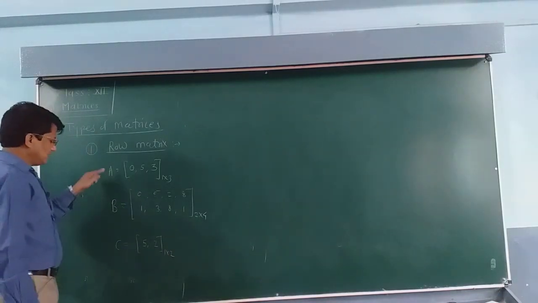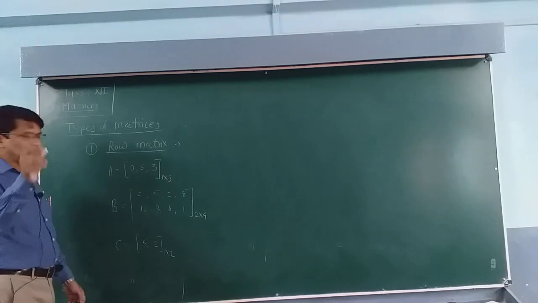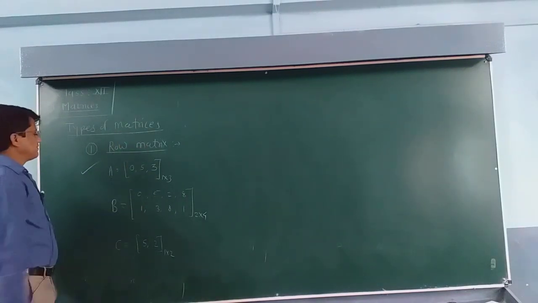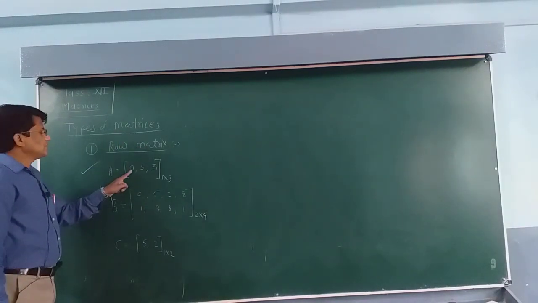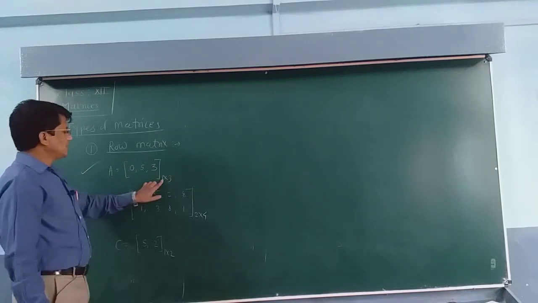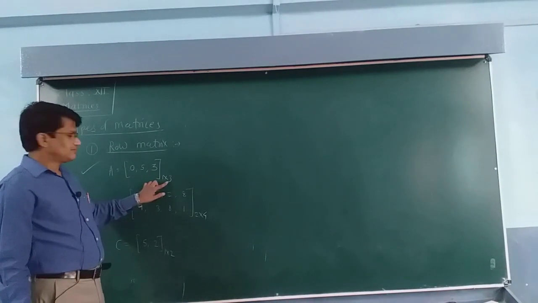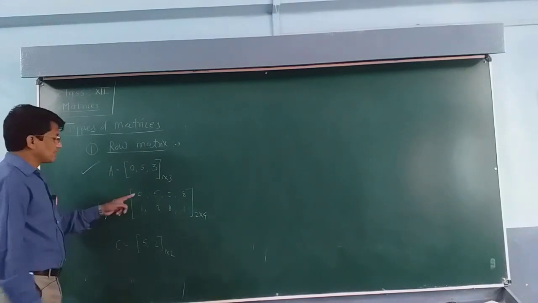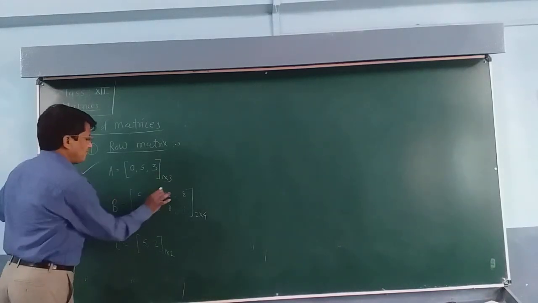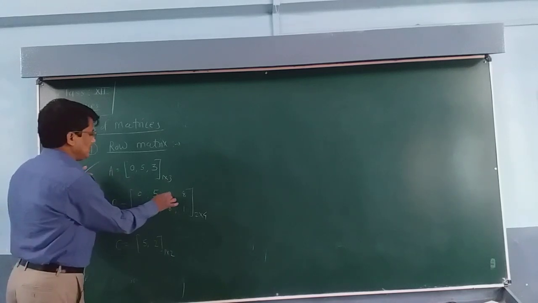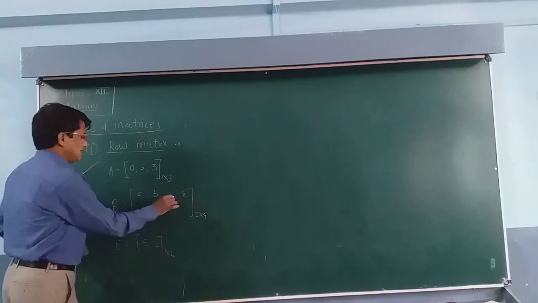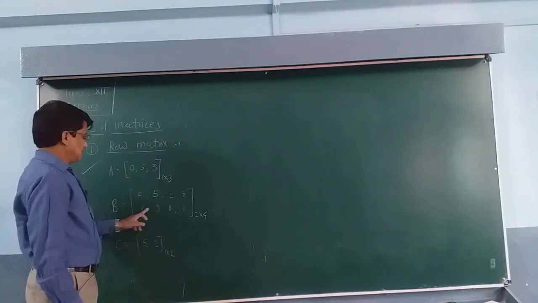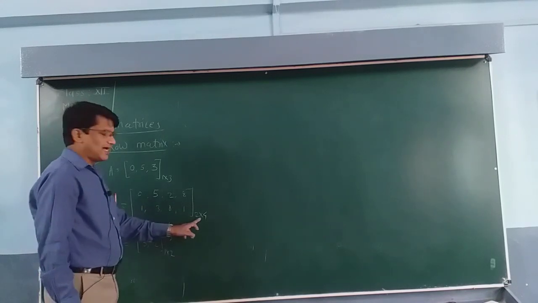Now in these three examples, see the first example: A equal to 0, 5, 3, first row, 3 columns. But the second matrix B equal to 0, 5, 2, 8 with second row 1, 3, 8, 1 is 2 by 4.